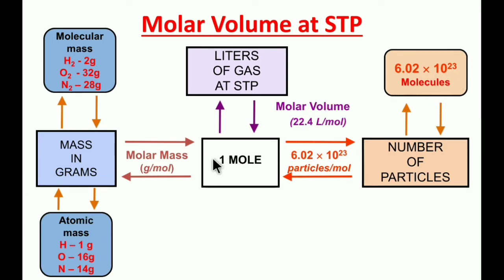So if you are discussing molecules, and you take 1 mole of molecules, how many molecules are present in that? In 1 mole, 6.02 into 10 to the power of 23 molecules will be present. So 6.023 into 10 to the power of 23 molecules of any substance is equal to 1 mole.